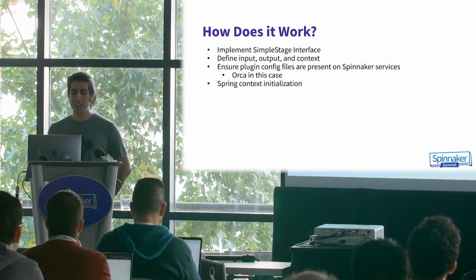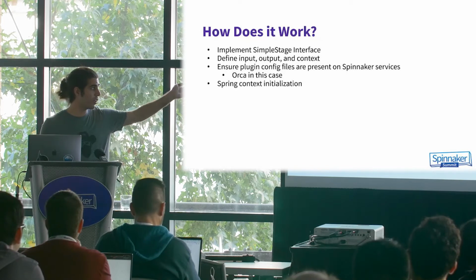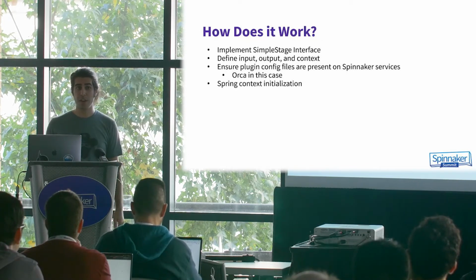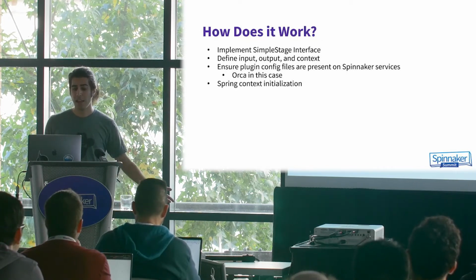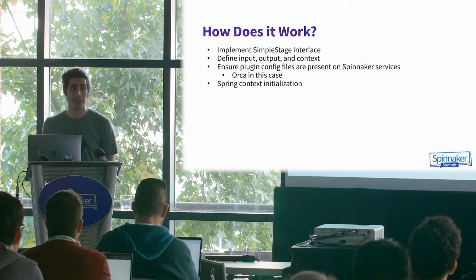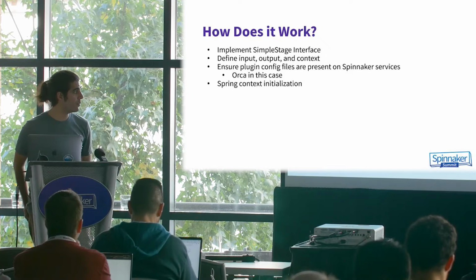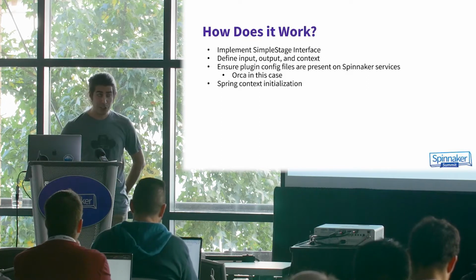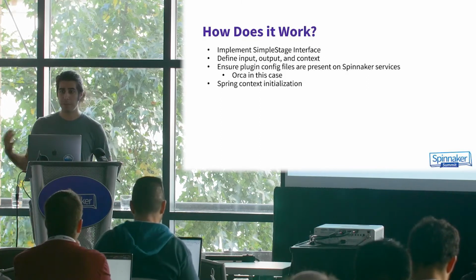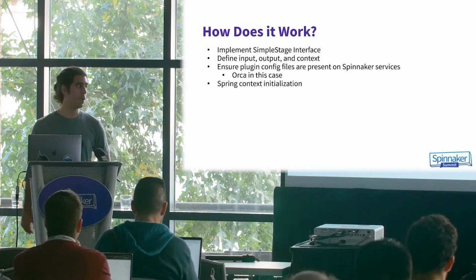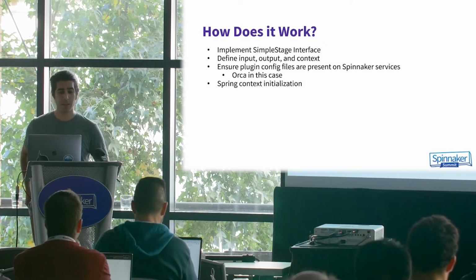So Halyard ensures that the plugin config files are present on the Spinnaker services, and that all happens prior to the service starting up. Because we do that, we can hook in before the Spring context initialization so that it can have the beans available to overload and extend functionality.